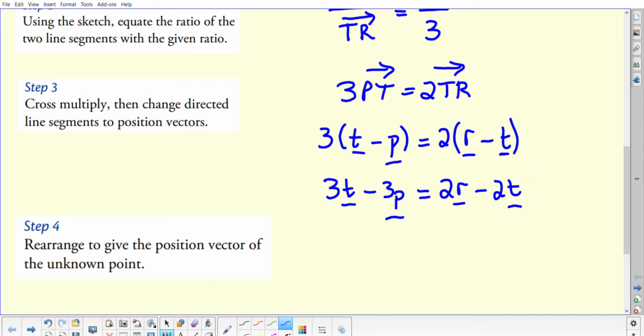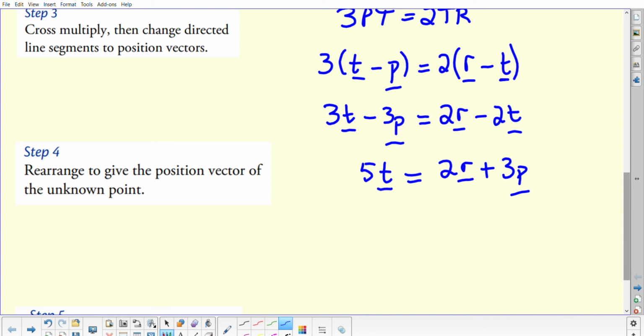So I'm going to collect all my T terms on one side. That means I would have 5T if I add the 2T, and if I add the 3P onto the other side, I will have 2R plus 3P.